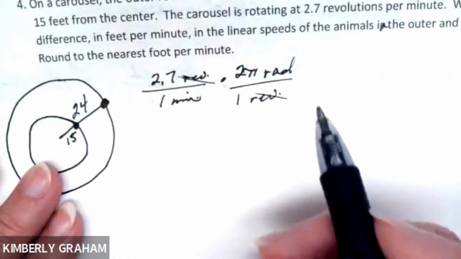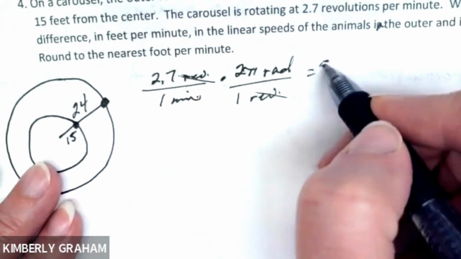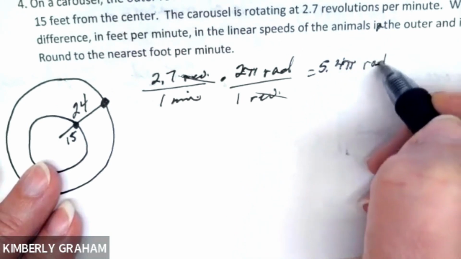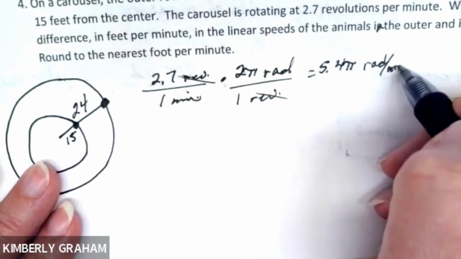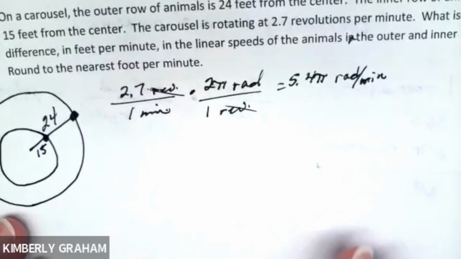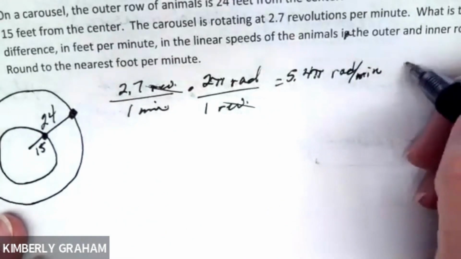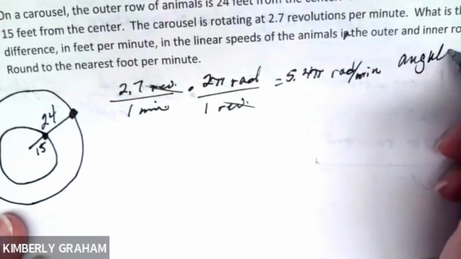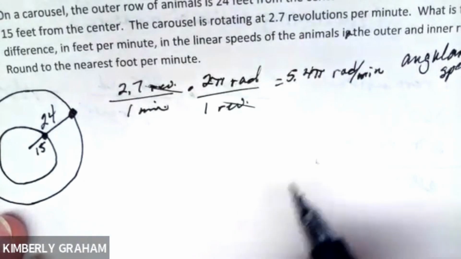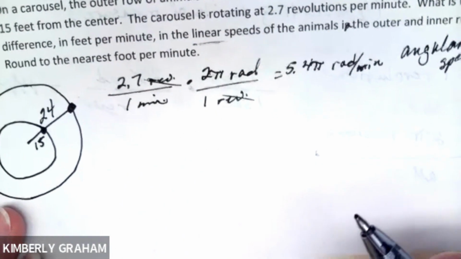Revolutions cancel. 2.7 times 2 is 5.4. So I have 5.4 pi radians per minute. That is my angular speed. The question is asking me the difference in the linear speeds of those two animals.